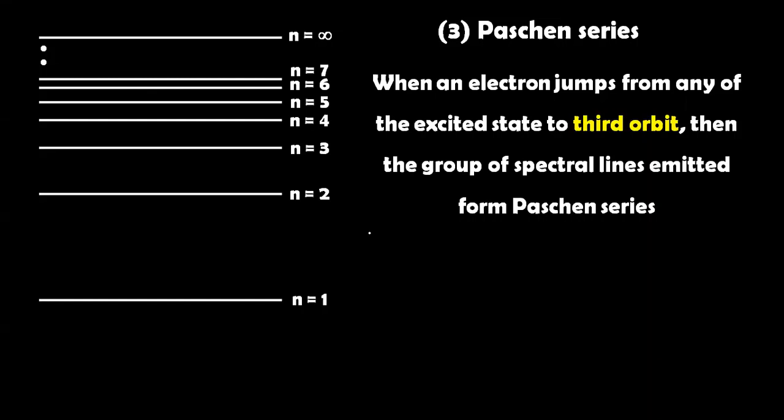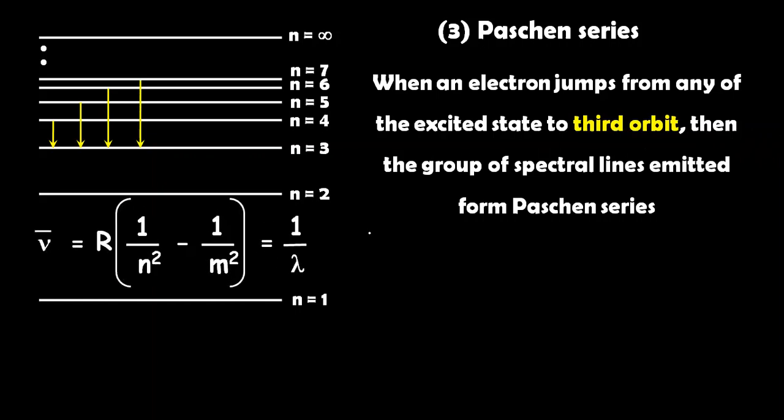And as far as Paschen series is concerned, the electron has to jump from any of the excited states to the third orbit. Then the group of spectral lines emitted form the Paschen series. The electron may jump from fourth to third, fifth to third, sixth to third, seventh to third, and so on. The photons thus emitted will give rise to the Paschen series.